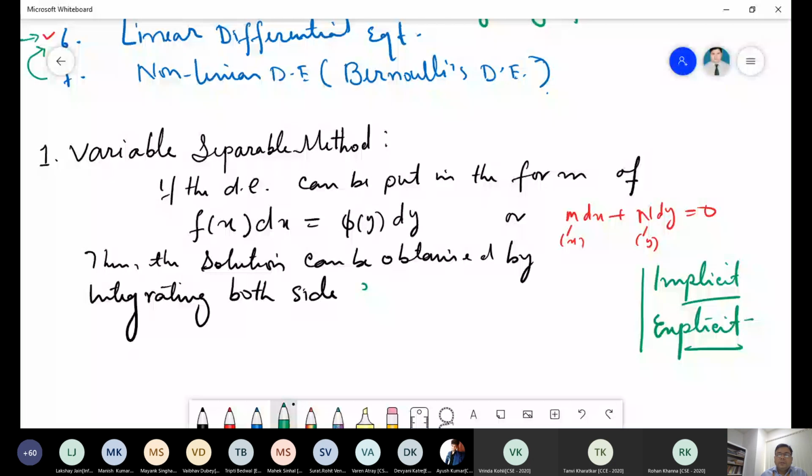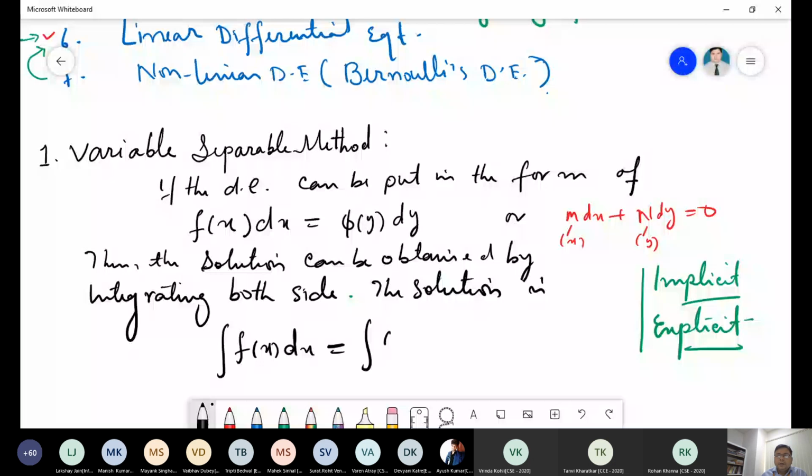The solution is: integration of f of x dx equals integration of phi of y dy plus c, where we use one constant c, an arbitrary constant.